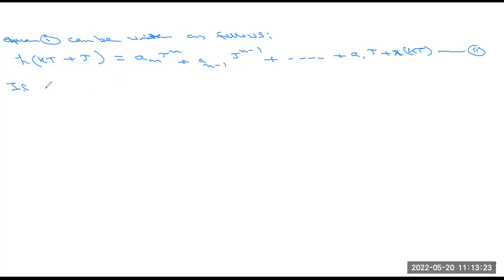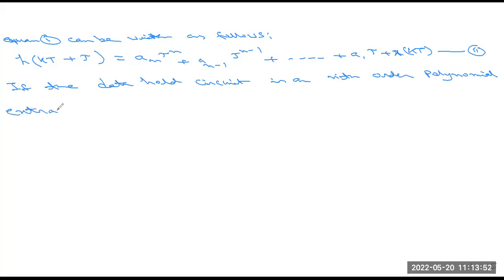So if the data hold circuit is an nth order polynomial extrapolator, this is called an nth order hold circuit.